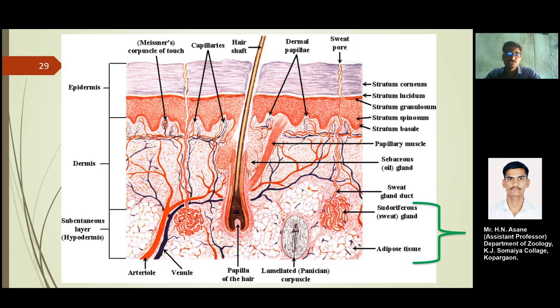The whitish color at the bottom of the hypodermis is the adipose tissue, that's why it is referred to as the subcutaneous layer. You can also see some arterioles and venules in the subcutaneous layer of the hypodermis.